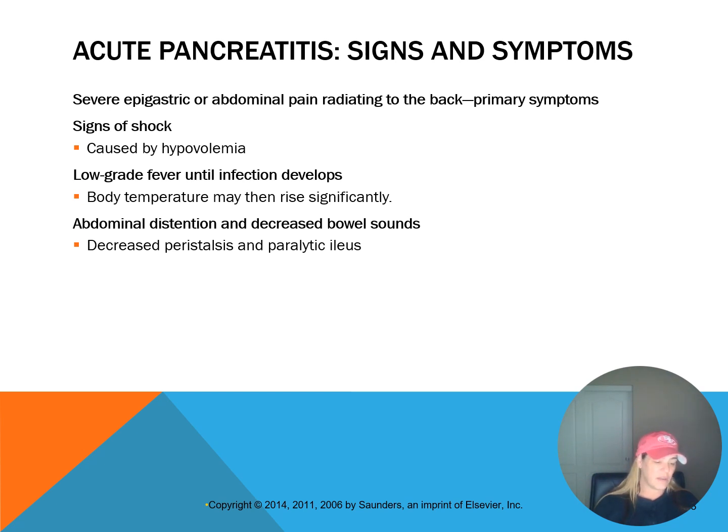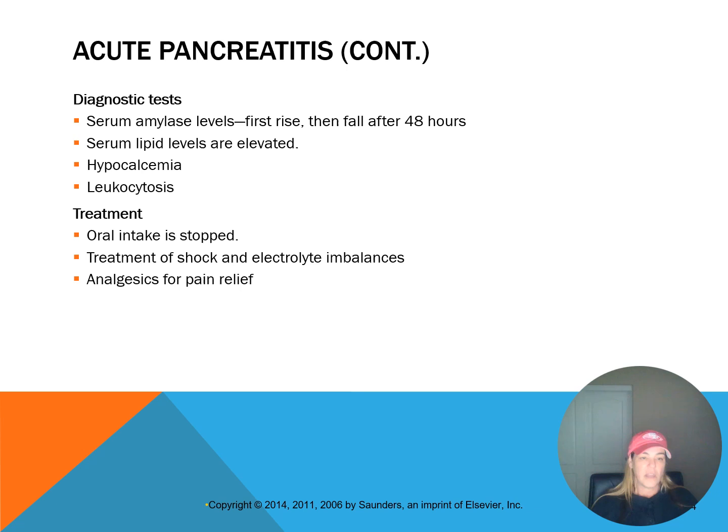Diagnostic tests: you can do blood tests to see the serum amylase and serum lipase levels, which are the pancreatic enzyme levels, as well as hypocalcemia and a high white cell count.